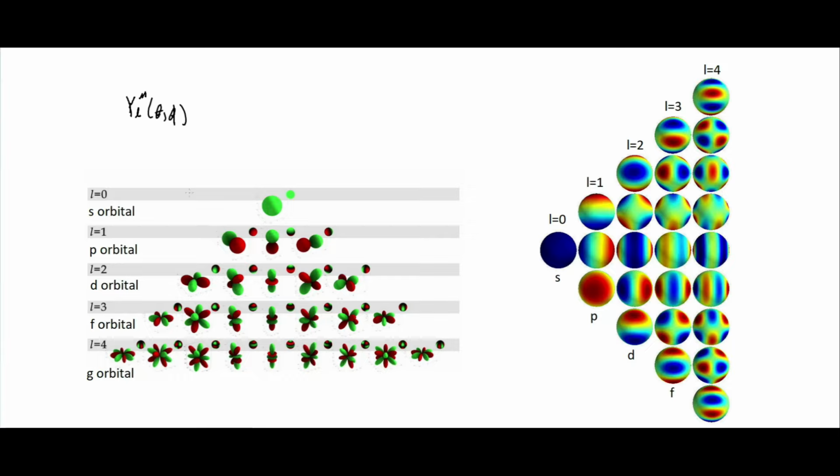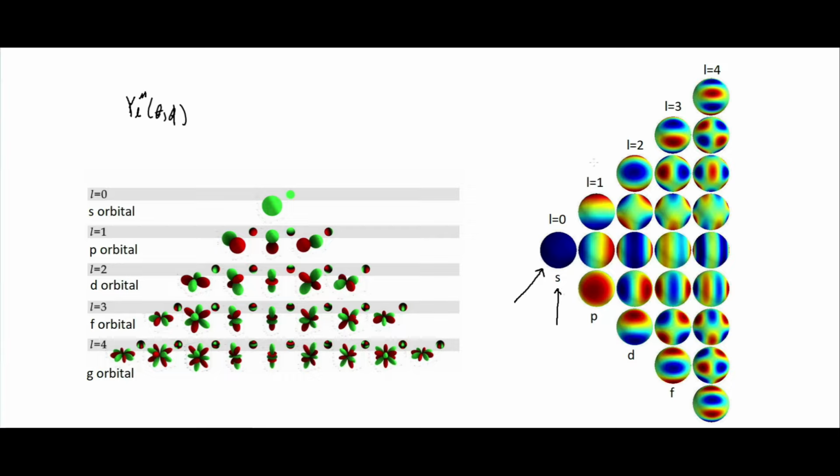Just to take a quick look at this, when L equals 0, M has to equal 0. We get this sort of solid ball, and I put an S here because that is the s orbital.